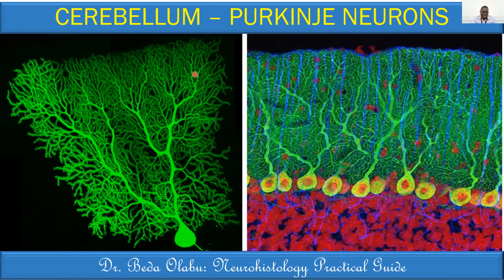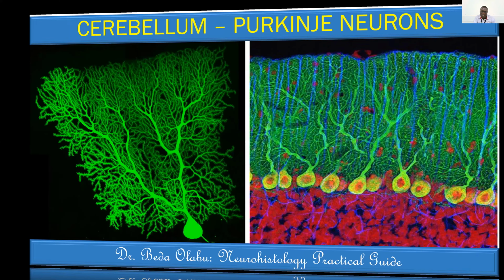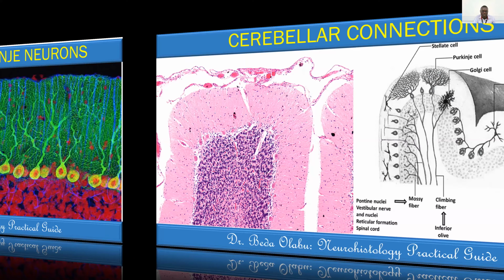So the dendrites of the Purkinje neurons are the ones in the molecular layer. The cell bodies of Purkinje neurons are the ones in the Purkinje cell layer. The axons of Purkinje neurons are in the granular layer. That distinction is important for you to be able to understand cerebellar connections.